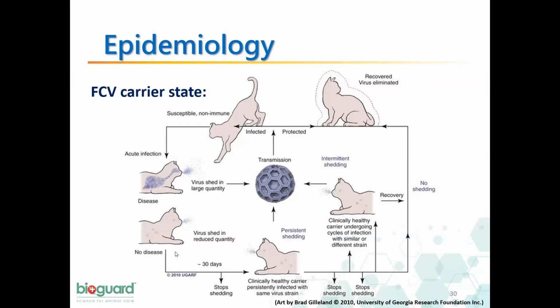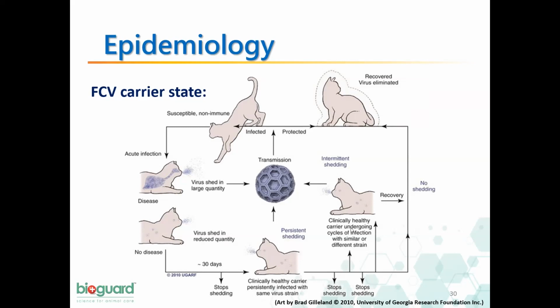However, when the cat recovers, probably after 30 days or so, the clinical signs improve and the virus shed decreases, and probably after some time the cat totally stops shedding the virus. However, the cat can then enter another stage where some other strain is involved, and slowly that new strain starts entering the environment as the cat sheds it.